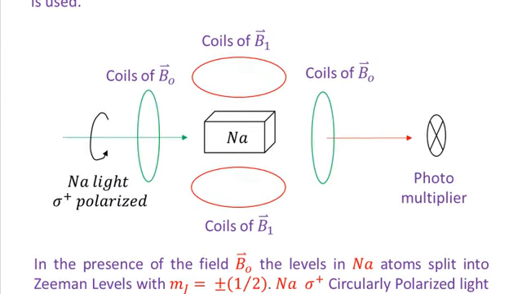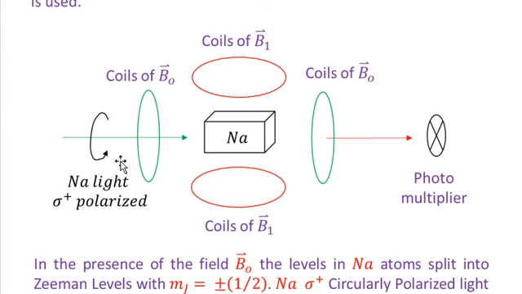Now I am going to show you the same experimental setup, similar to the previous one, and here the cuvette contains sodium vapors, or sodium atoms. The coils of the magnetic field B1 are now shown, and also the coils of the magnetic field B0. The coils of B0 are shown in green, whereas the coils of B1 are shown in red.